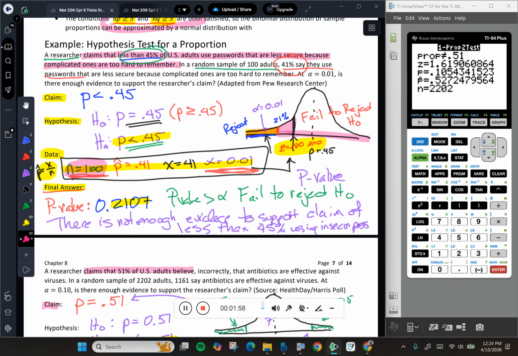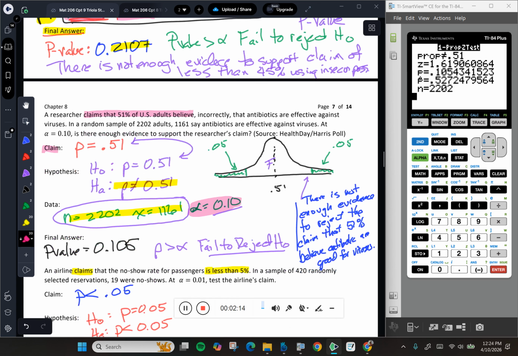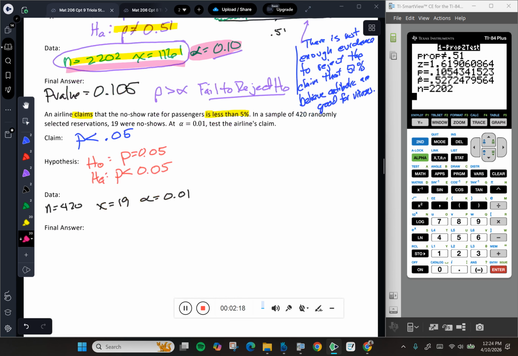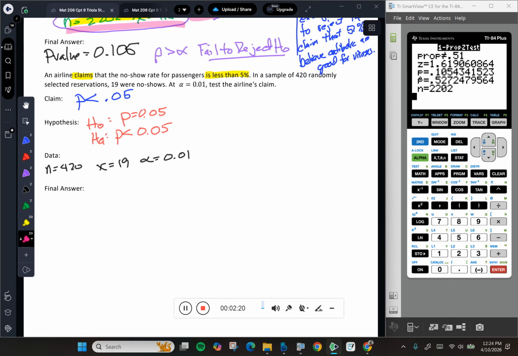It is a necessary requirement that we check both successes and failures to make sure they're bigger than 5. Earlier, X was 41, so there were 59 failures, again bigger than 5. I want to point it out and check it here.